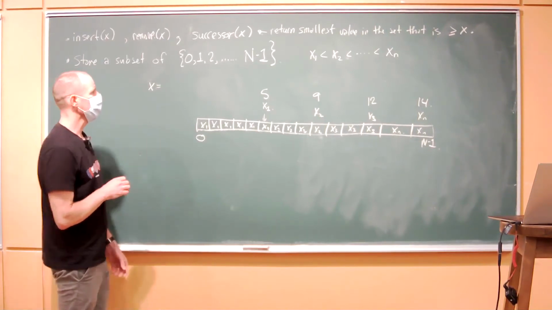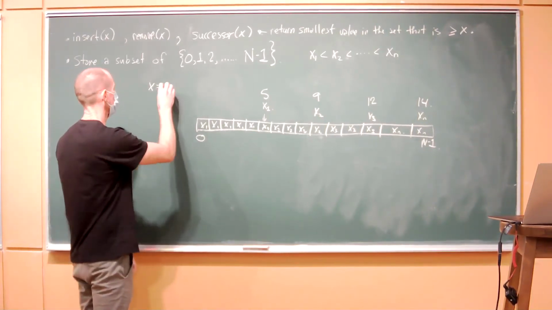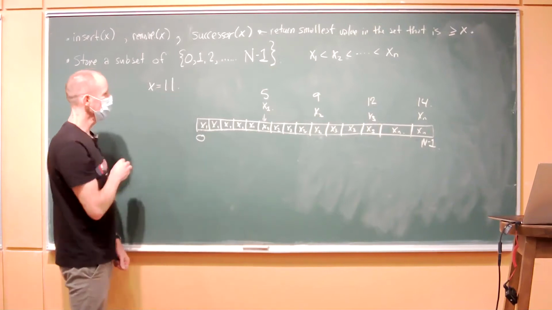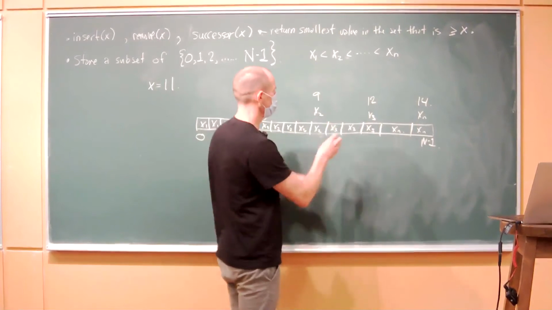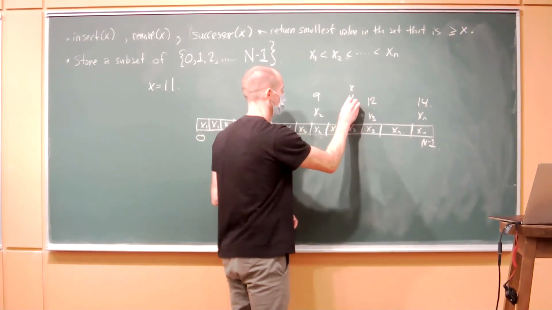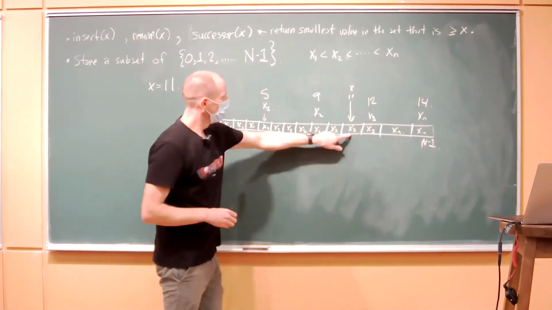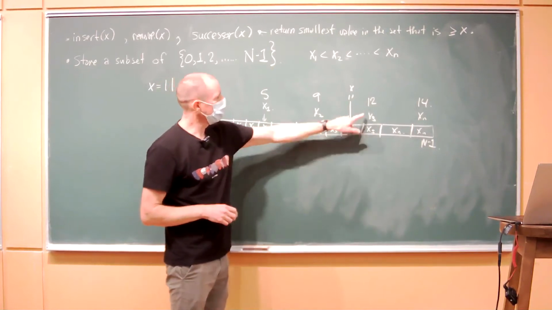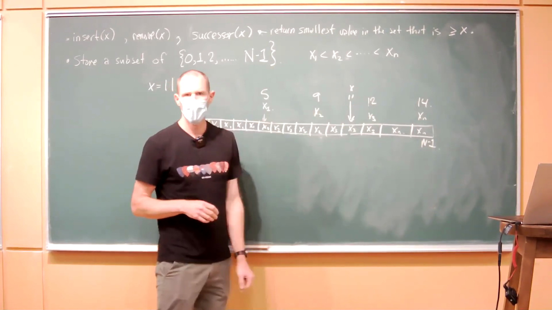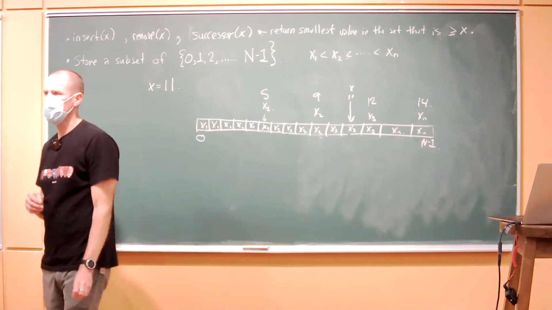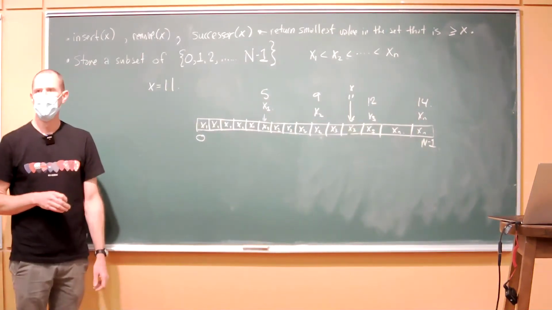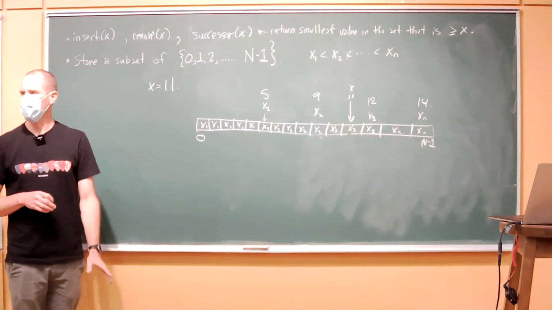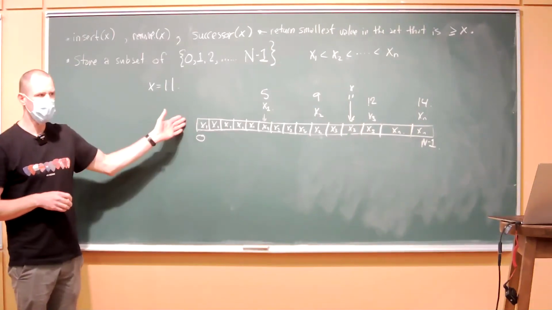Maybe x is 11. I go immediately to position 11 in the array. That's right here. And I read off the value x3, which is 12. The answer is stored right there. So really, really simple. And it definitely beats the log n lower bound. This is just one array lookup.